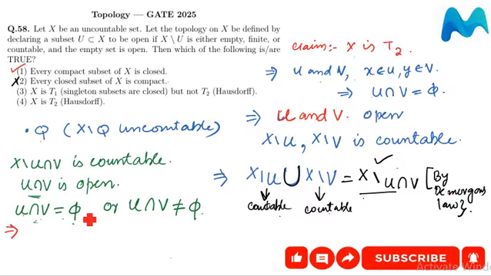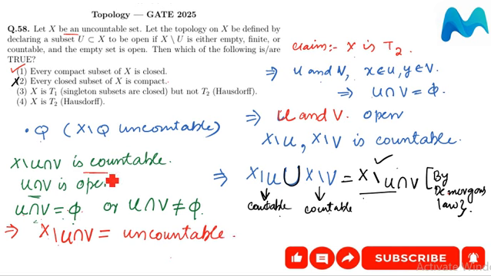Then X minus (U intersection V) would be X, which is uncountable, as given in the question. But we got that it is countable. So it is always non-empty, and that means it will never be Hausdorff.